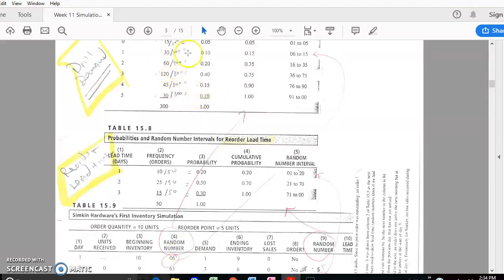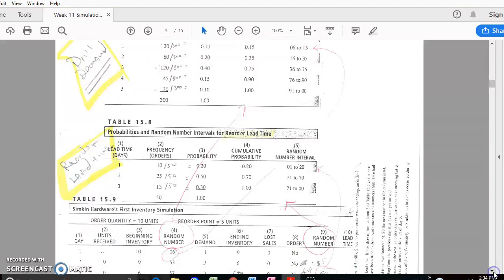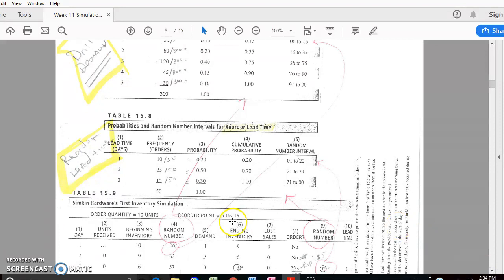So we go up to 63, which is a drill demand of 3. And we see the drill demand right there for 3. So 9 minus 3 is 6. Lost sales are 0. Do we reorder? No, because again, our reorder point is 5. And we just simply keep running the simulation like that.